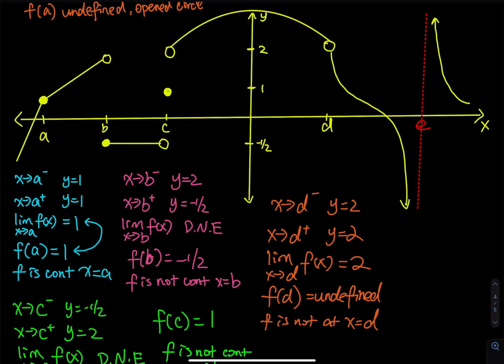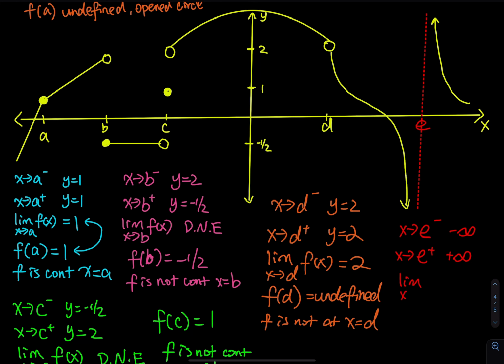All right, the last one is clearly not continuous, because at x equals E there is a vertical asymptote, right? So for E, as x approaches E from the left, we have negative infinity. On the right-hand side, we have positive infinity.